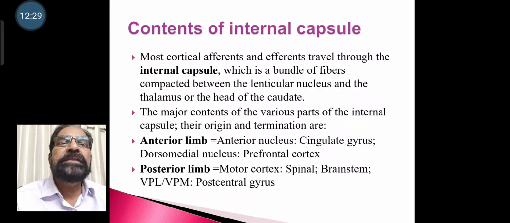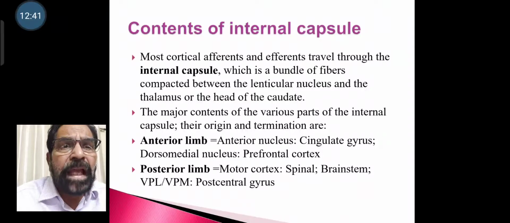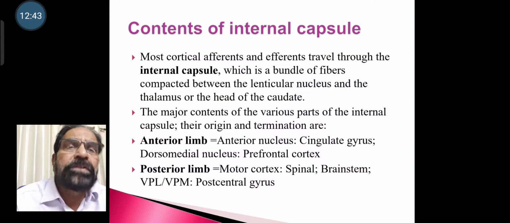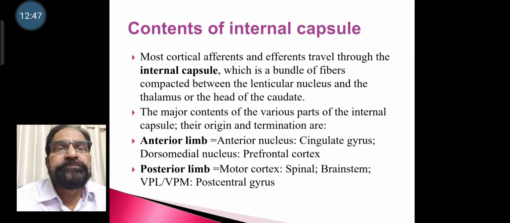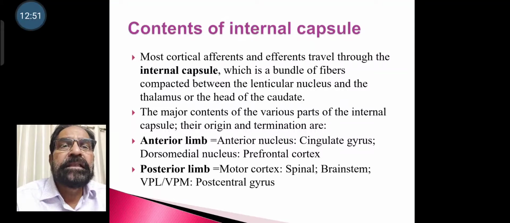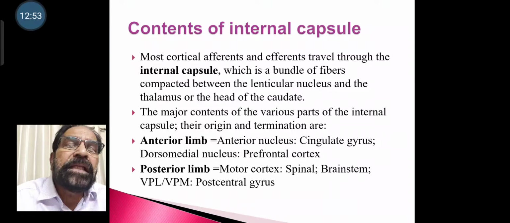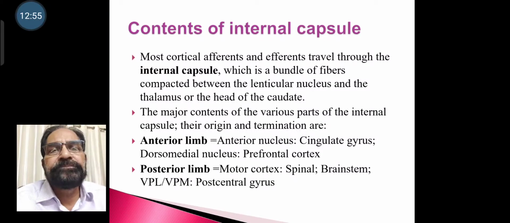The major components of the various parts of internal capsule, their origin and termination are: anterior limb will pass the anterior nucleus belonging to the thalamus and the cingulate gyrus. Then the dorsomedial nucleus, and it is connected to prefrontal cortex.